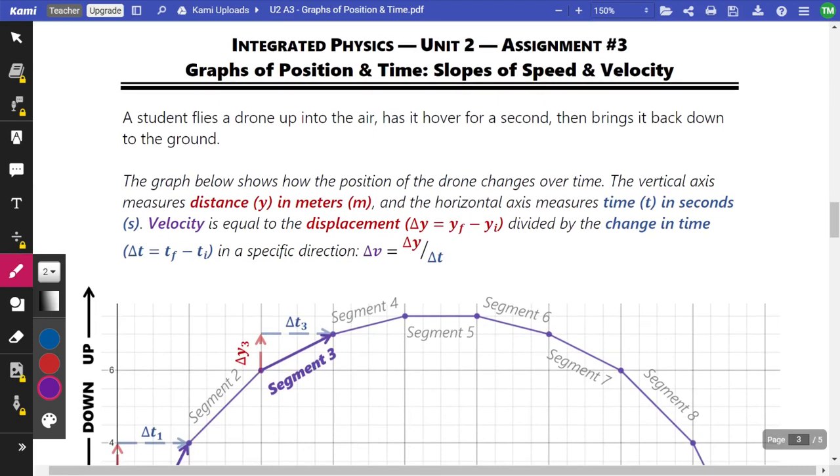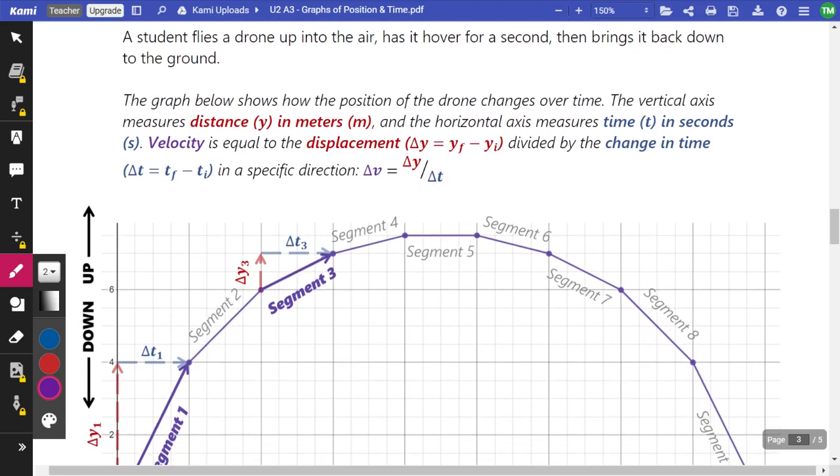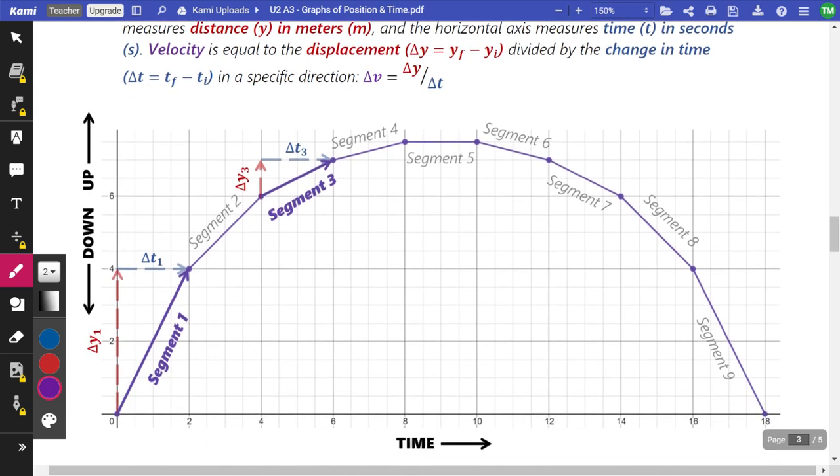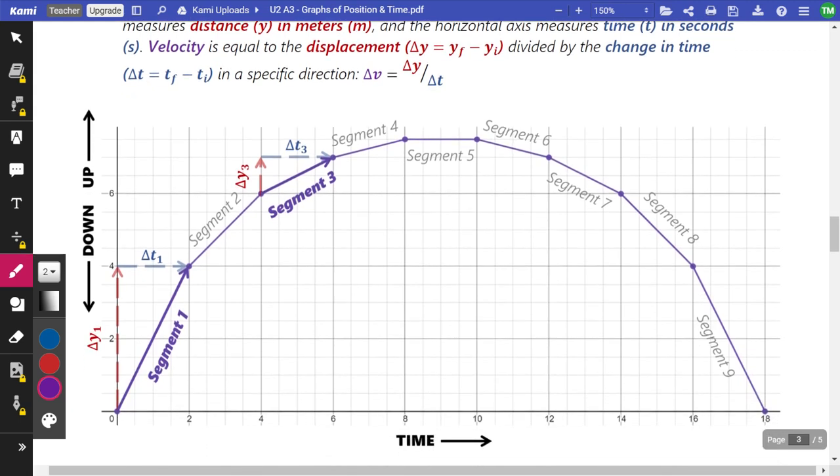This one has to do with a drone. So a student flies a drone up into the air, has it hover for a second, and then they bring it back down to the ground. Okay, to show that, we have another graph that has up and down on the y-axis, and our left and right is time.